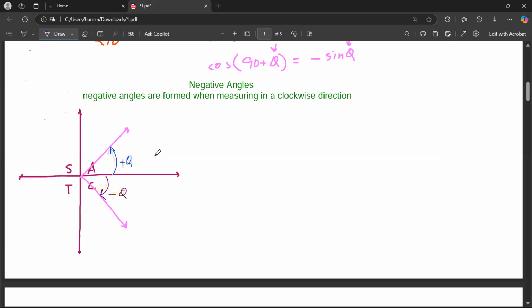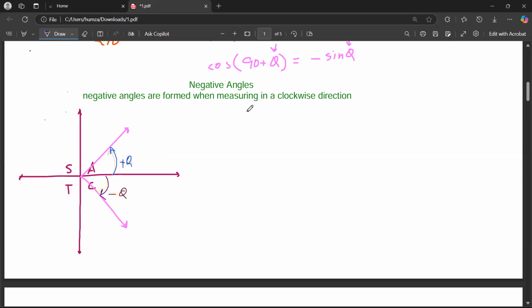The angles will be positive. But if we go in the negative or clockwise direction, we will get all the negative theta angles, or all the angles will be negative.